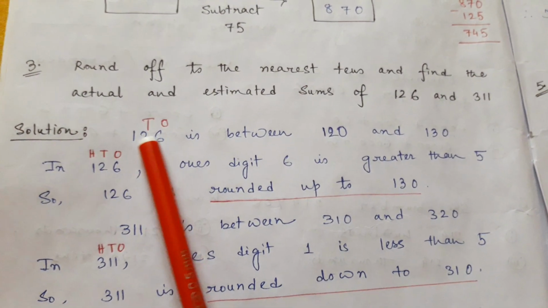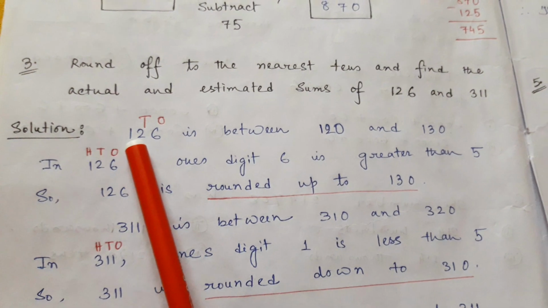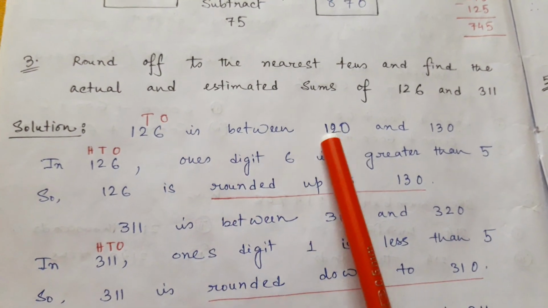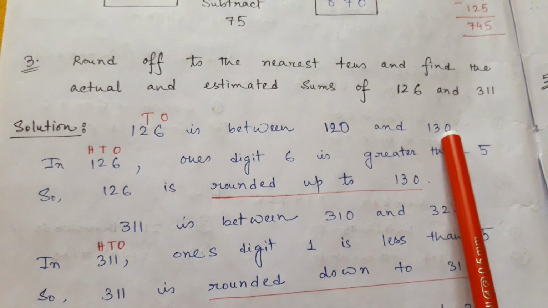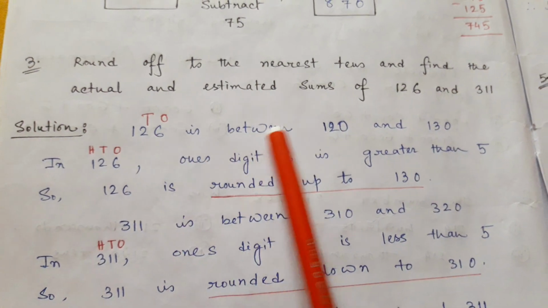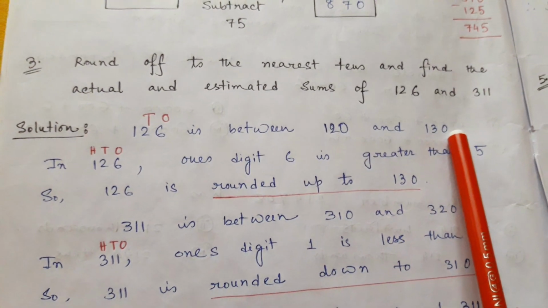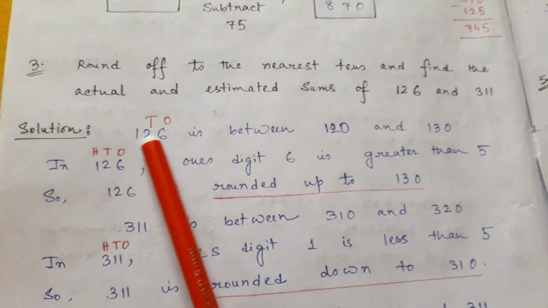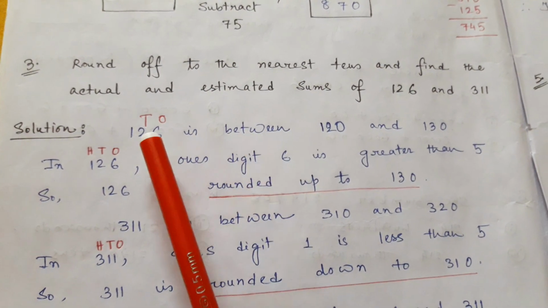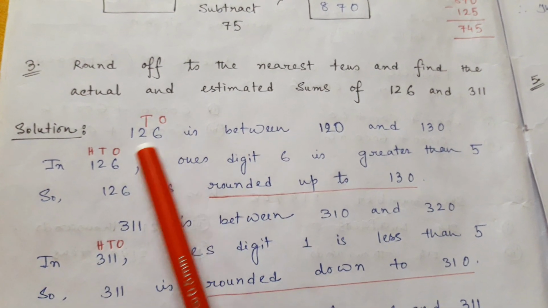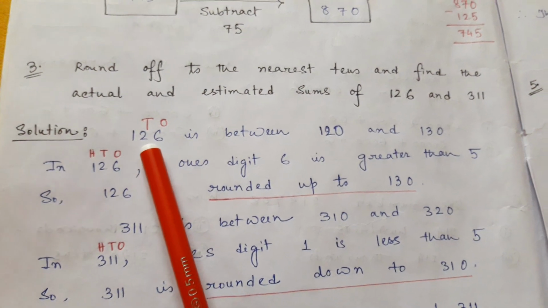Like see, its tens digit is 2, so its nearest tens multiples are 120 and 130. Okay, so 126 is between 120 and 130. We are writing this number between the numbers which are its nearest tens multiples.